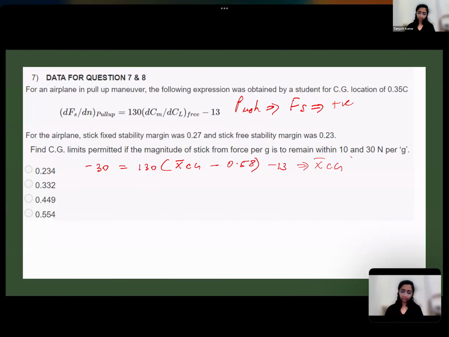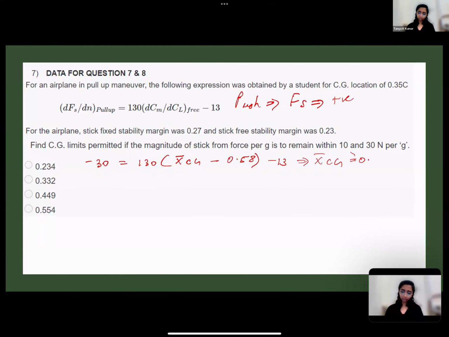I believe it is 0.4492. Let's try this again. 0.4492 is what I get. Yes. Now let's try minus 10.